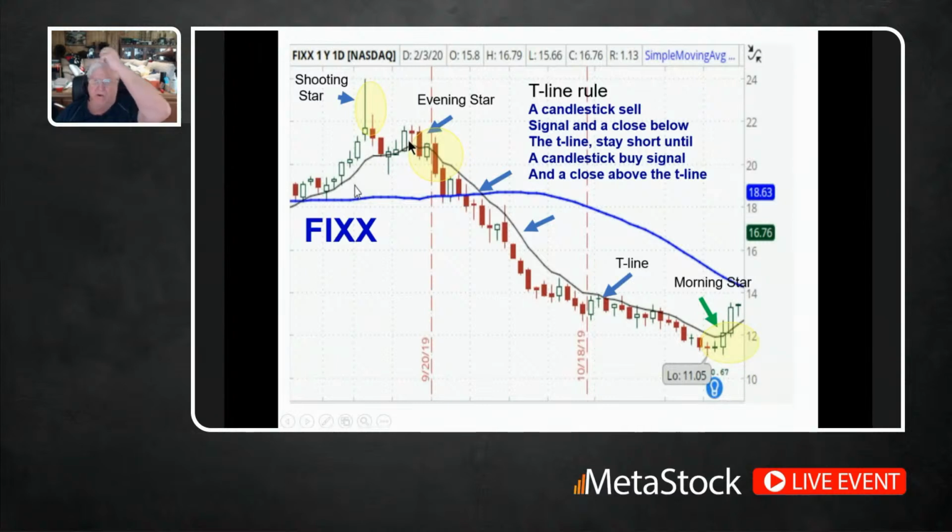So I guess I better backtrack a little bit more for anybody new in here. There's about 50 or 60 candlestick signals. But you don't have to learn all 50 or 60. Through the last 40 years, I narrowed down what I call the 12 major signals, 6 longs and 6 shorts.